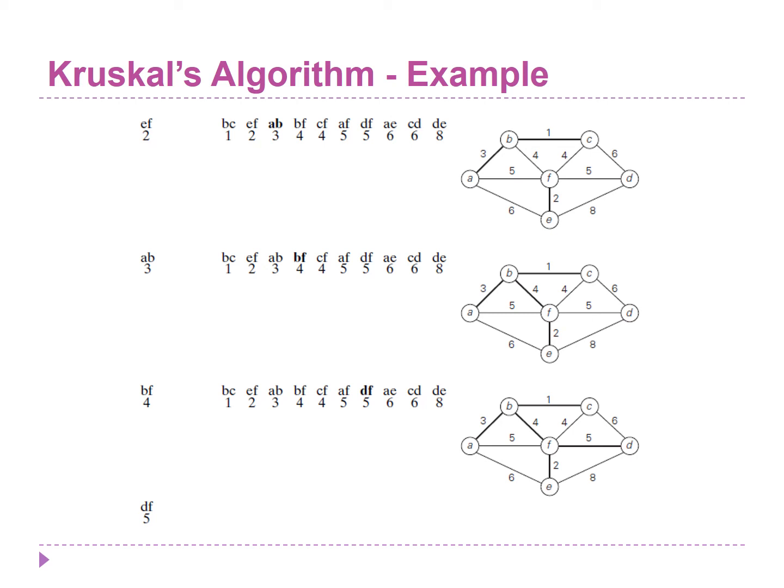Hence, they are excluded from the set of edges in the minimum spanning tree. The next edge that is included in the minimum spanning tree is the edge DF with the edge weight of 5. Now, all the vertices in the graph are included in the minimum spanning tree with a minimum edge weight.